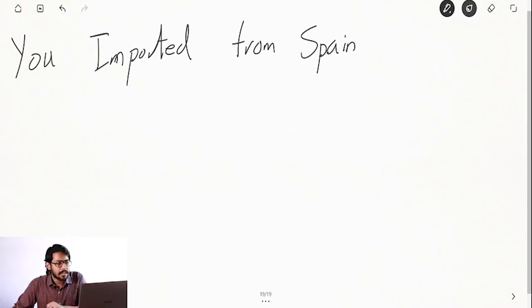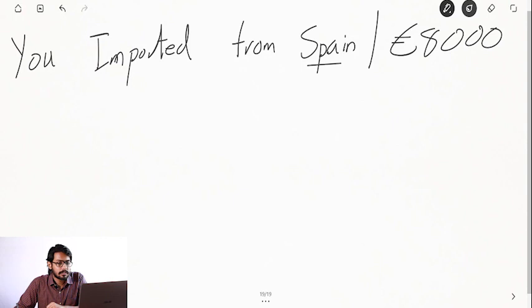Madrid is the capital of Spain. You imported from Spain goods worth euro 8,000.